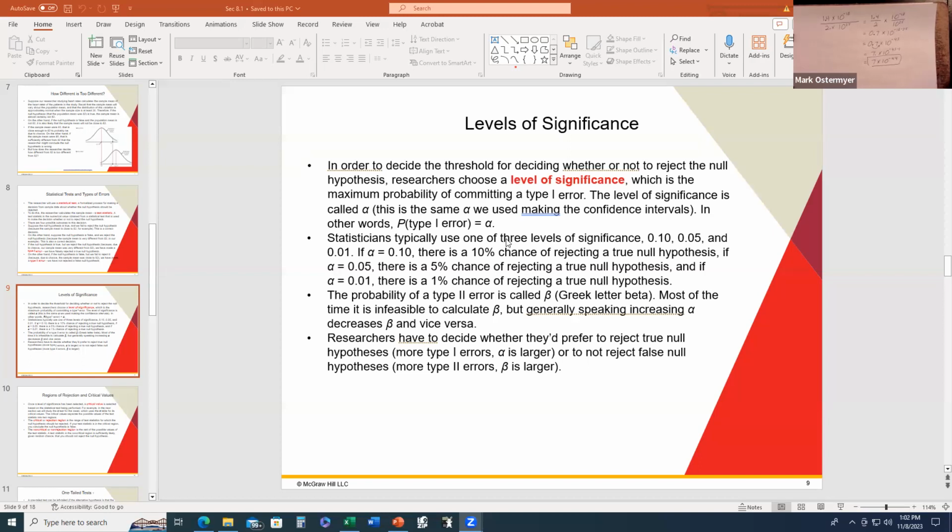All right. Now, the probability of committing a type 1 error is actually a conditional probability. And let's see if I can print this out on this paper here. This is very important, so I want to type it out if I can.